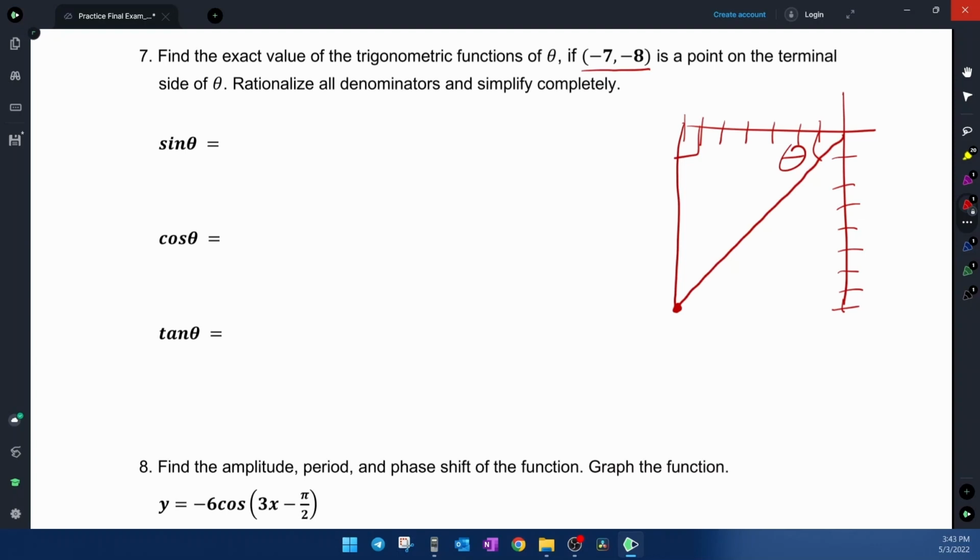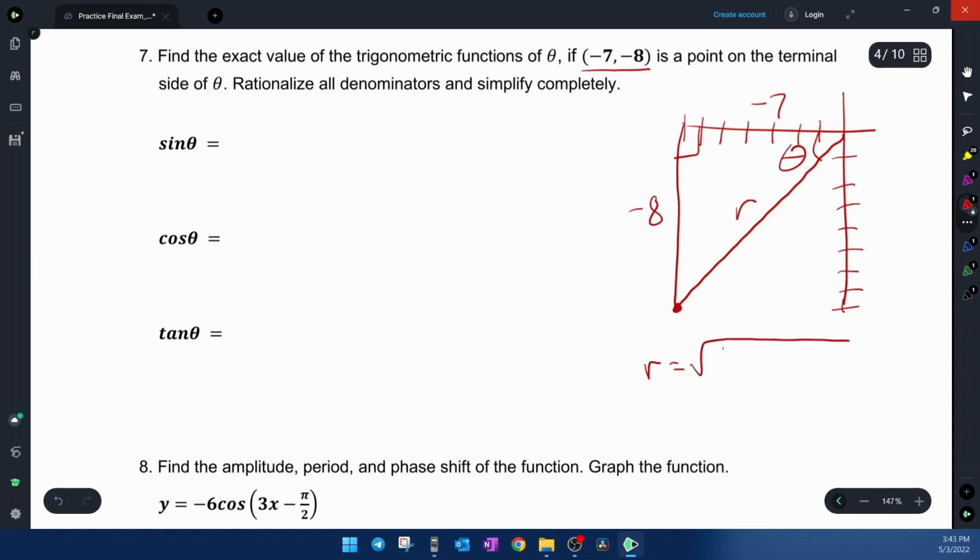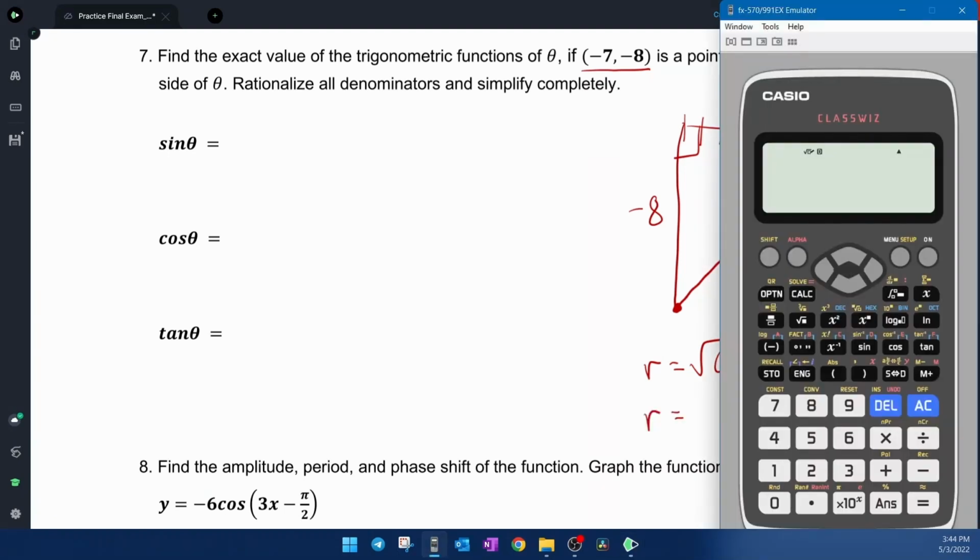Our x value is negative 7. Y is negative 8. If I know x and y, I can get the radius. So r is the square root of x squared plus y squared. And given that, a quick calculate on the calculator: negative 7 squared is 49.